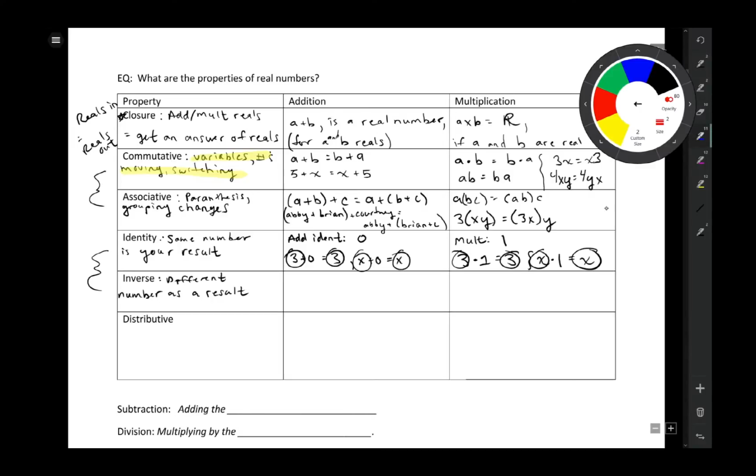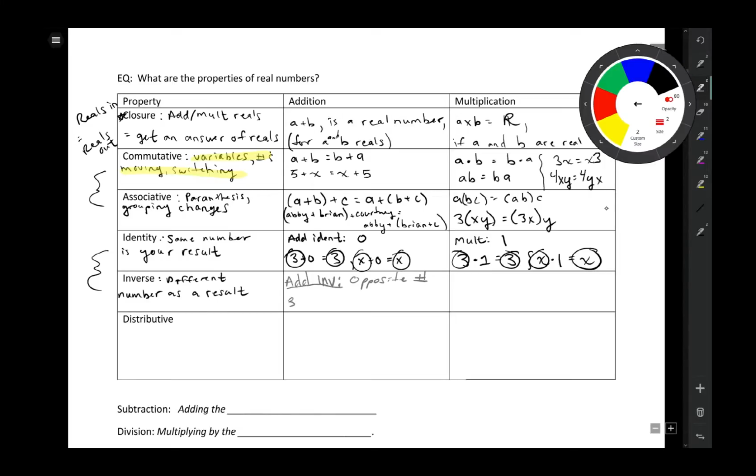Now, when we start talking about inverses, the additive inverse is the opposite. Okay? So here's what we mean. We get a different number as the result. And if it's addition, we get the additive inverse.